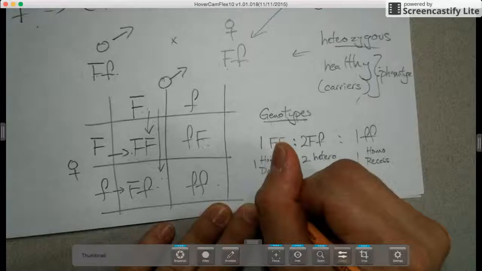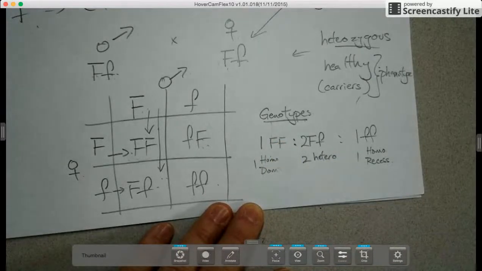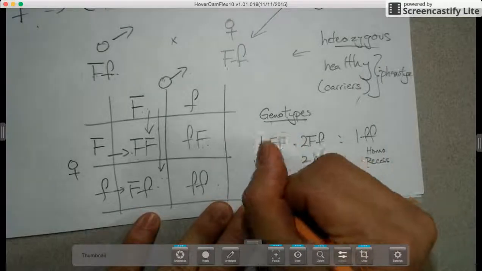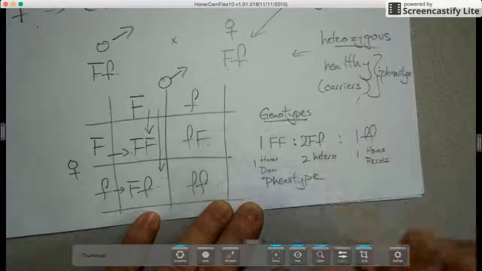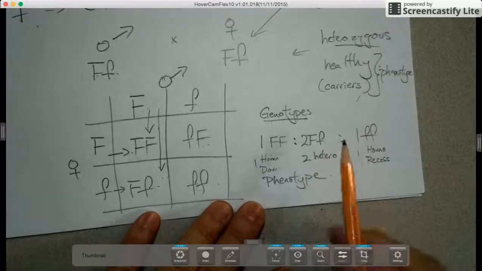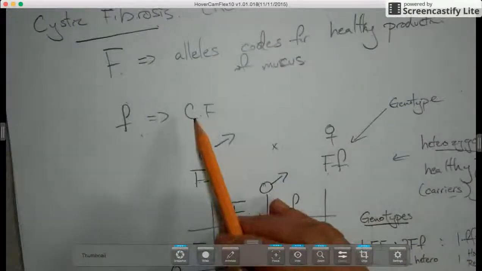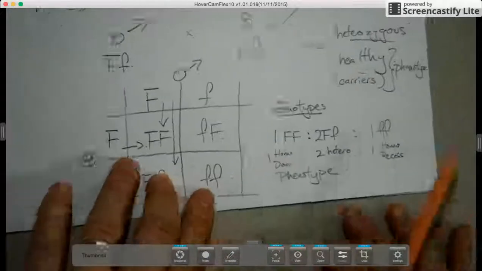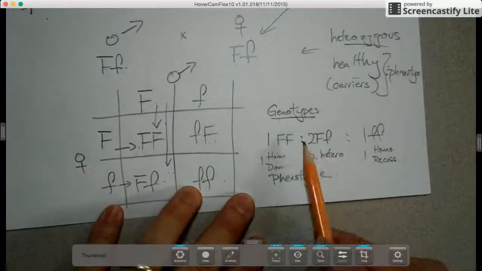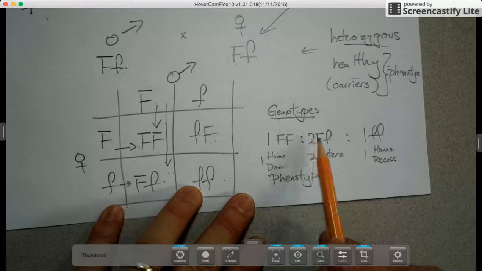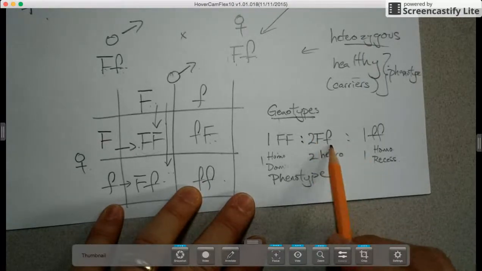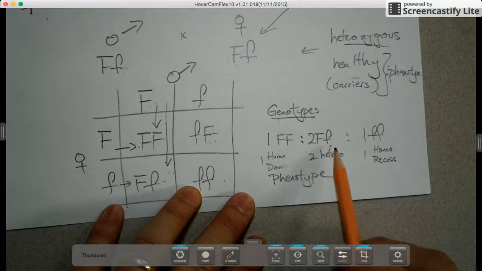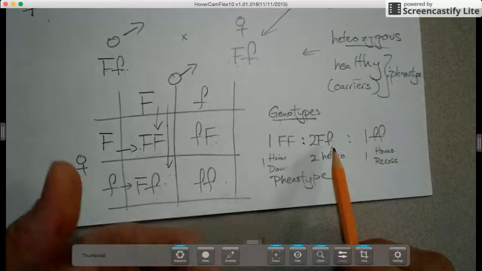The phenotype ratio is about whether these kids are going to be healthy or have cystic fibrosis. Because cystic fibrosis is a recessive trait, these two potential kids, even though they have the allele for CF, won't have the disease manifest.